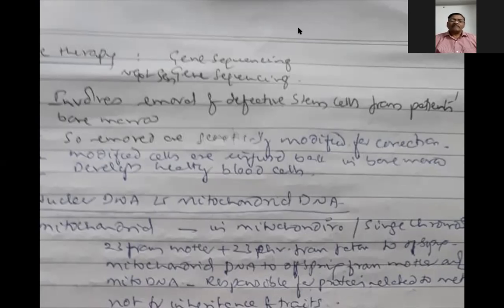Yes, mitochondrial DNA helps in producing proteins. Those are required for the functioning of the metabolism of an individual. Metabolism, that means the bodily functions. The proteins required for these bodily functions will be produced by mitochondrial DNA.